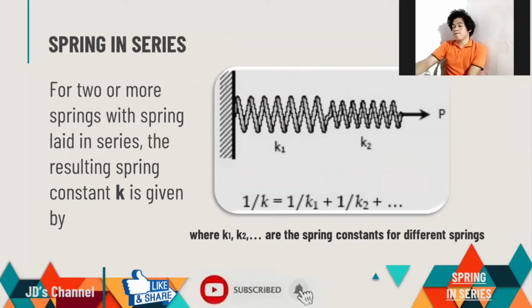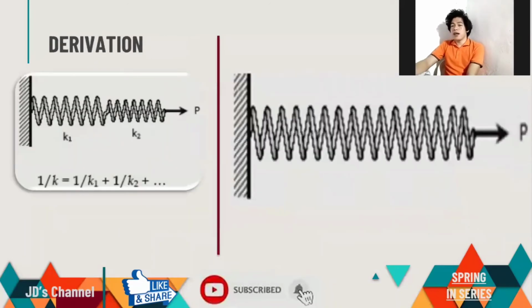So, ano ba yung ating goal dito? Kung bakit yan? Yun yung ating formula. So, let's derive, class. Ang pinaka gusto natin sabihin dito, class, is that we have K1 and K2 here. So, K1 and K2, ayan. Okay?